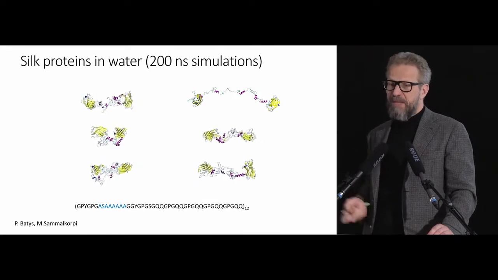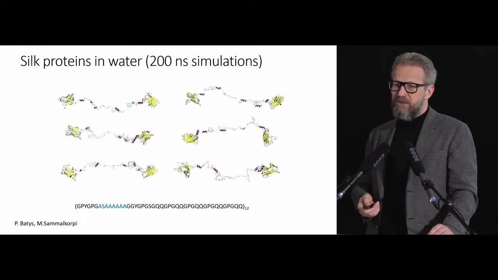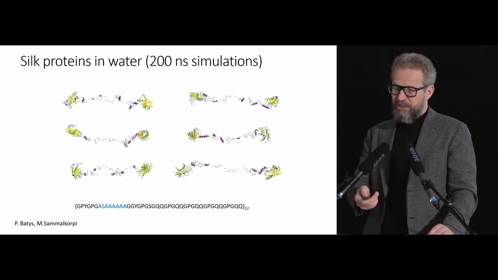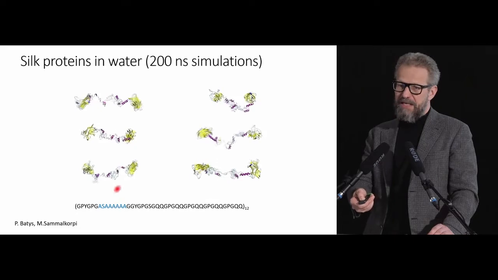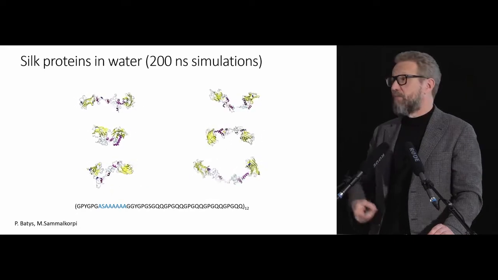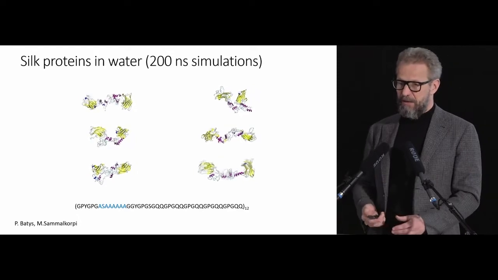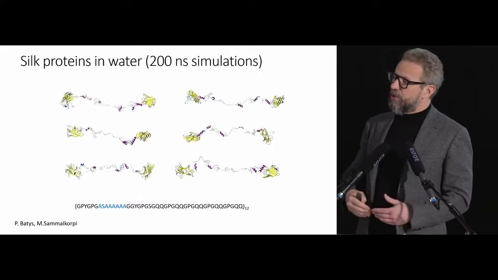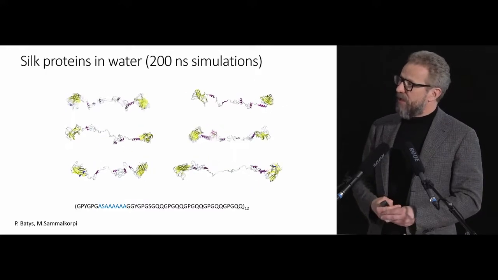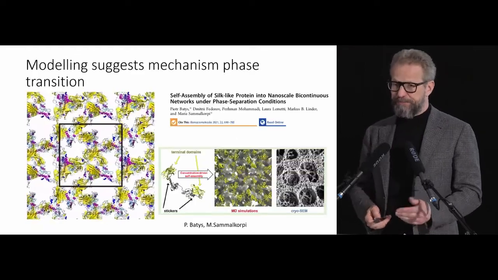And you can see here a computer simulation of these proteins, and you see that the stretch in blue, the alanines, actually take the shape of alpha helices in this protein. These simulations were done just to see how these proteins behave in an aqueous solution.